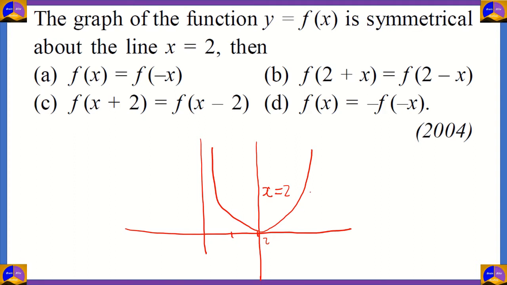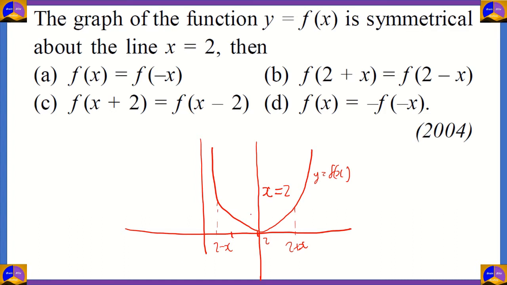So any point on y equals f of x that is to the right of 2 can be written as 2 plus x on the x-axis, and on the left side, anything present on f of x has the x value 2 minus x. So 2 plus x, 2 minus x.